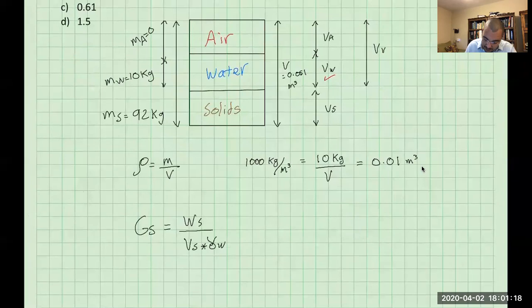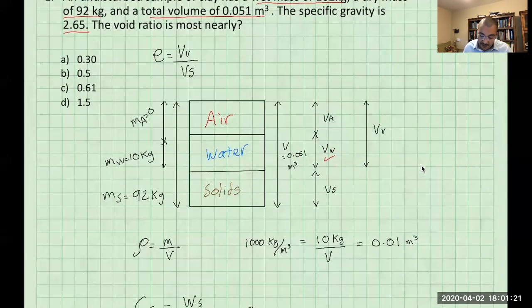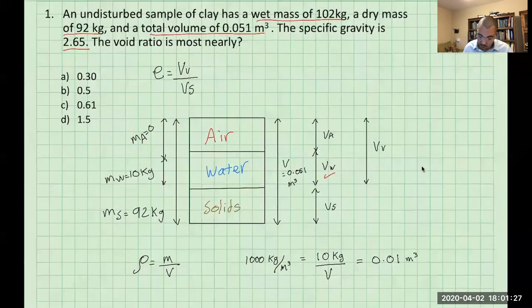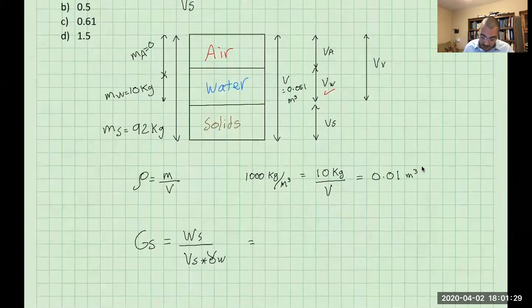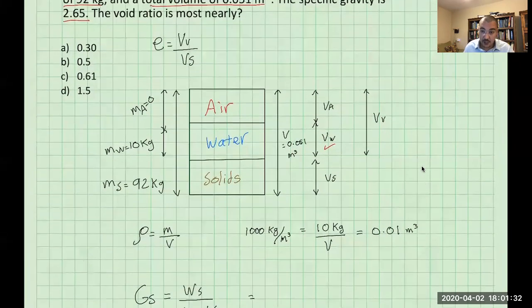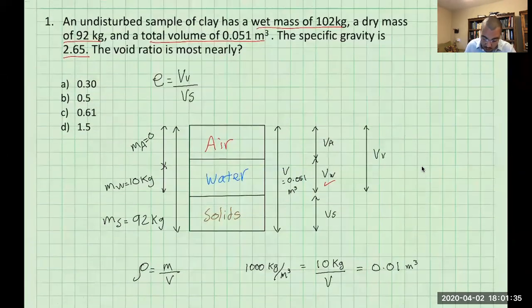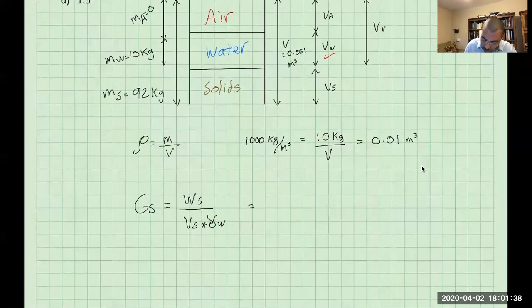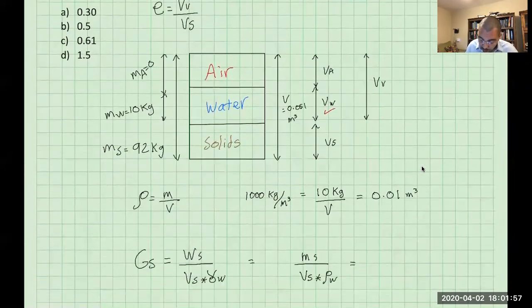Now, you have to remember that in our question, we are given mass. There's a difference between mass and weight, and hopefully everybody knows what this difference is. We can still use this relationship in terms of mass, not weight. The only thing that will change is we'll write mass of solids divided by volume of solids, and instead of putting the unit weight in here, we're going to say the density of water. Then this becomes very simple because we have the specific gravity of 2.65.